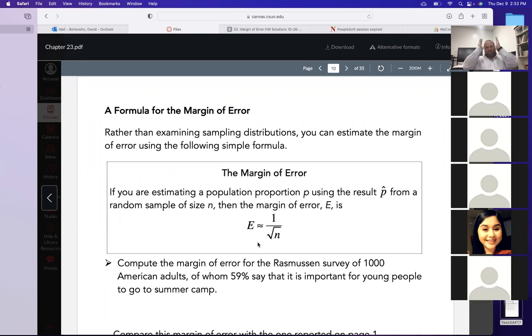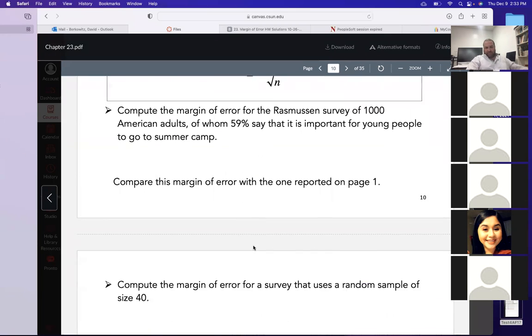No, too much. 1% is the most I want to be off. All I got to do is plug in 1% into E and solve for N. And if I want to say, oh, that N's too big, oh, okay, I'll settle for 2%. I'll be off by 2%. Okay, plug in 2% and solve for N. And this is the formula that you would use in that case.